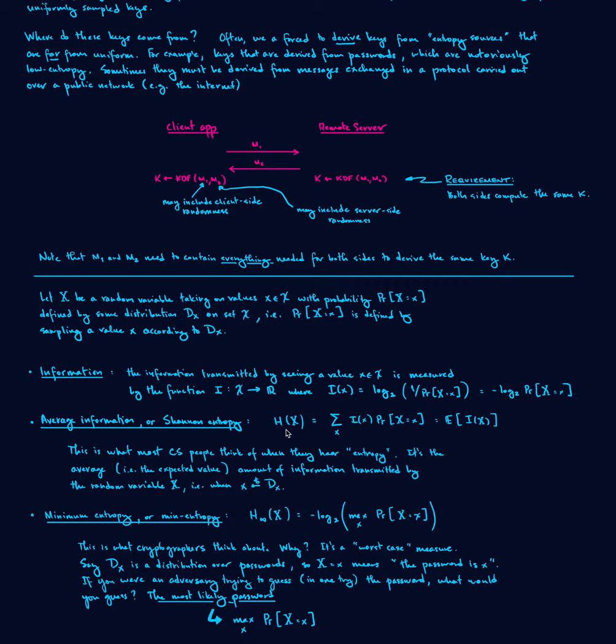So the Shannon entropy is defined to be the sum over all possible values that the random variable can take, of the information conveyed by that value, weighted by the probability that you actually see that value. So particularly, this is the expected value of the information of the random variable. This is the average information, or the Shannon entropy.